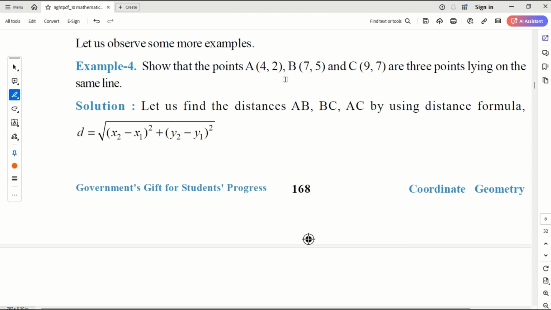If there is any difference in this, if the sum of two sides is not equal to the third side, then it will form a triangle, correct? So let's check. What we know is only the distance formula d equals square root of (x2 minus x1) whole square plus (y2 minus y1) whole square. Now let's apply it on AB, BC and AC.